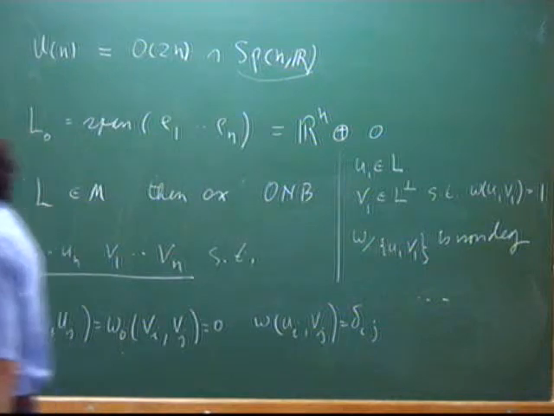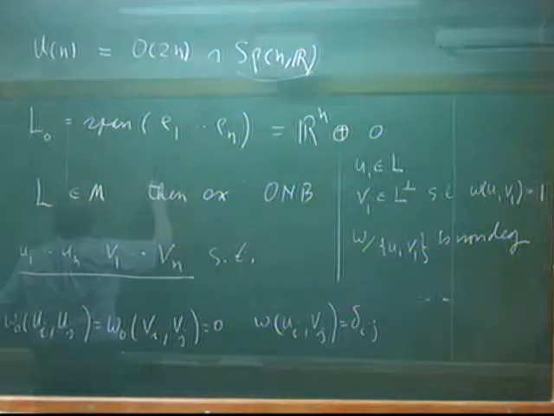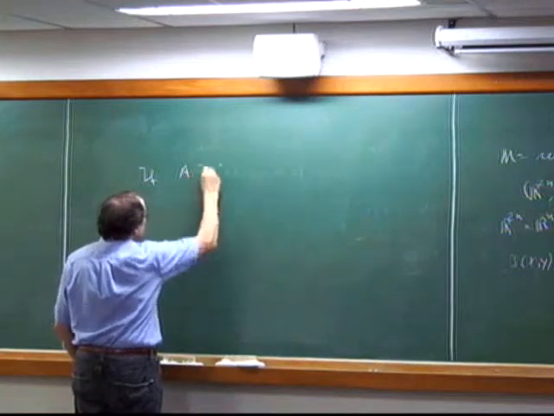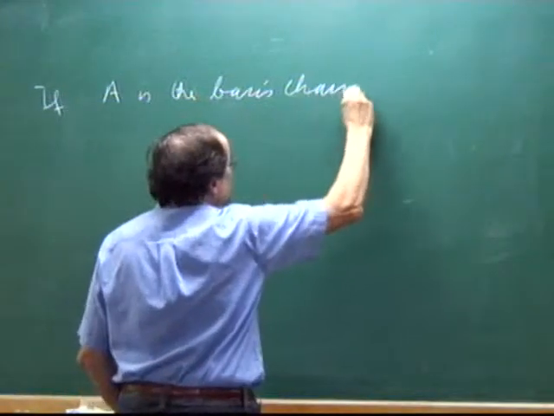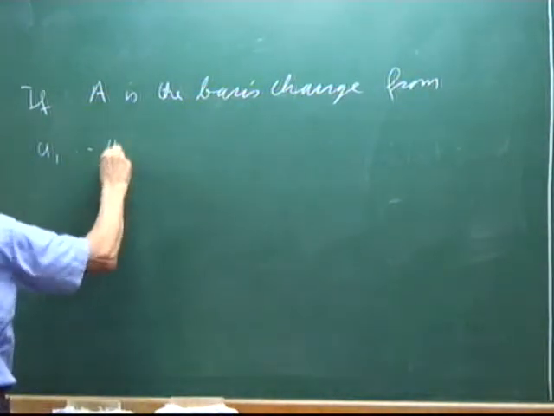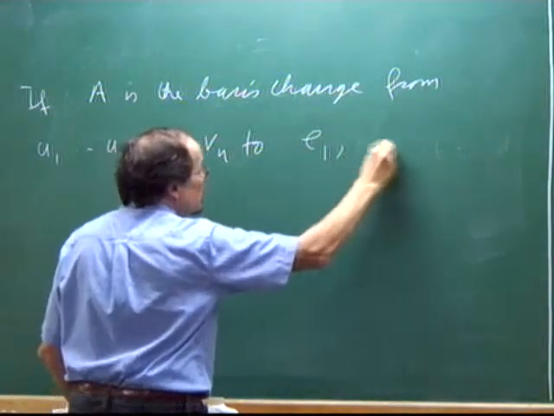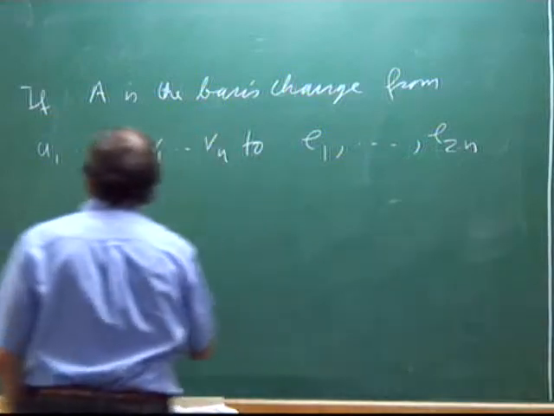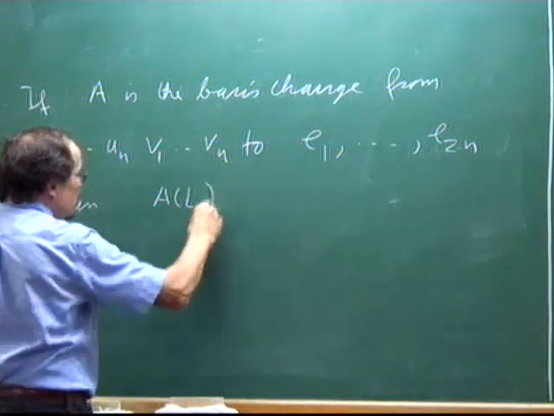And now I just argue that if, say, A is the basis change from this new basis u1 to un, v1 to vn to the standard basis, then A of L is equal to L naught.